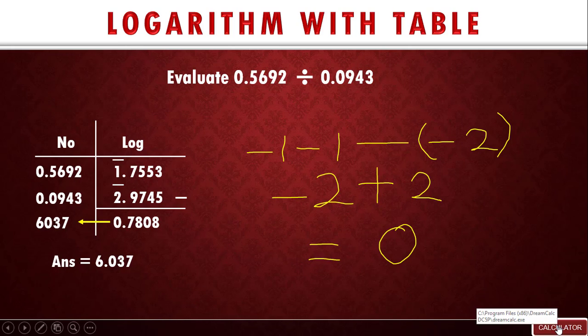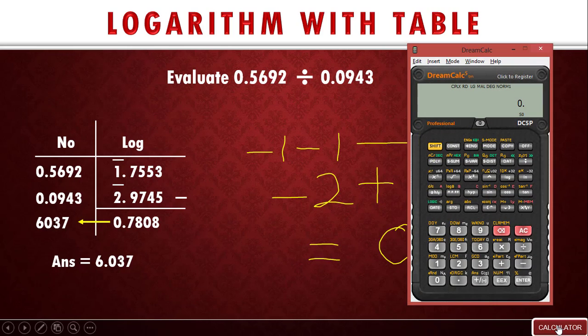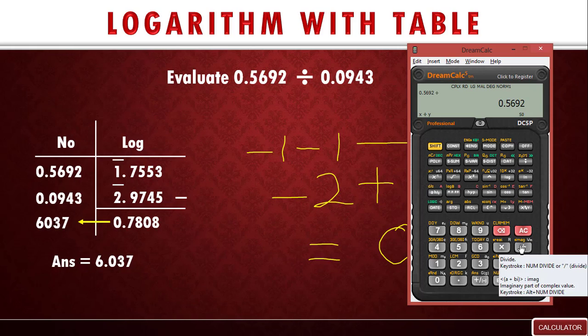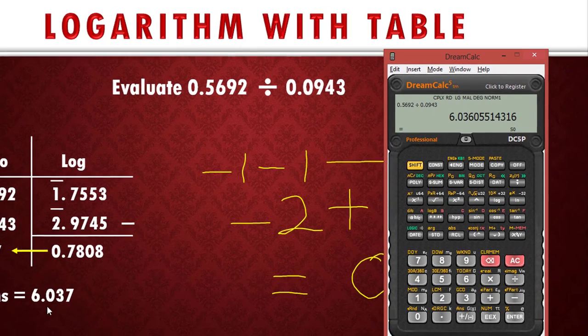So let's try to check that and see if our answer is correct. 0.5692 divided by 0.0943 equals to, if you look at the answer now, our answer is very close to what we got. So 6.036, and this is 6.037. That means we are very close. So that means our answer is correct.